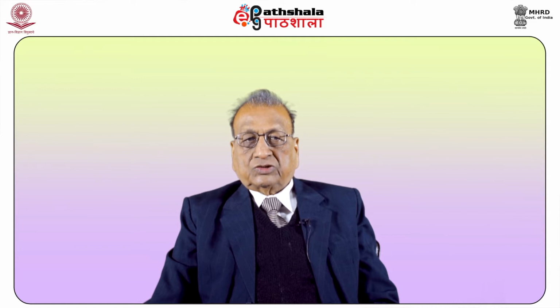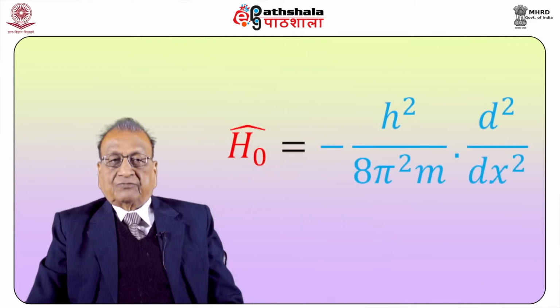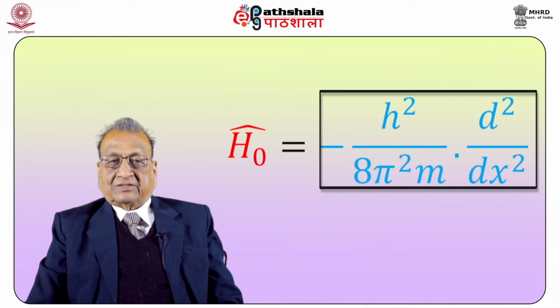Now use this approximate wave function to solve the Schrodinger equation. The Hamiltonian for this system is very simple, as there is no potential energy, so it has only the kinetic energy term.